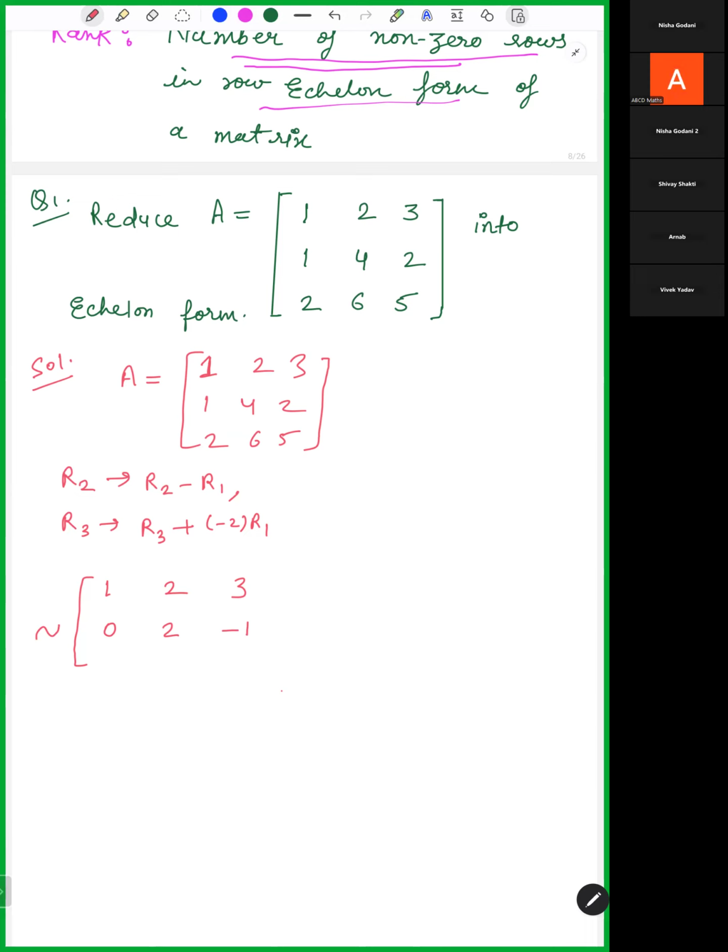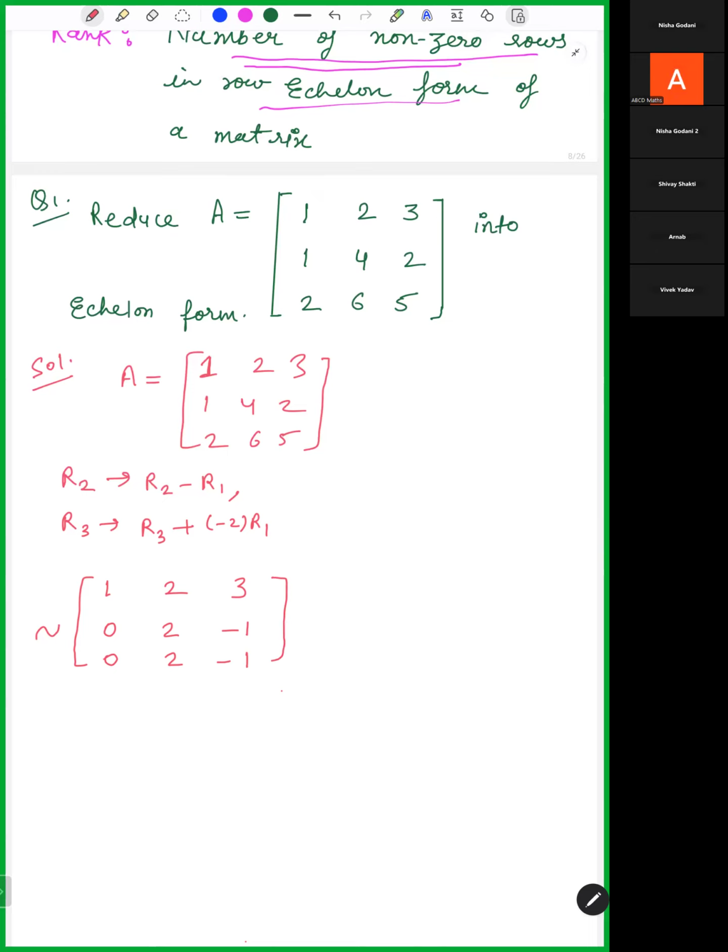What will you get when you add minus 2 times R1 to R3? Minus 2 into 1 is minus 2 and 2 is 0. Then minus 2 into 2, minus 4 plus 6, 2. Then minus 2 into 3, minus 6 and 5, minus 1. Yes, good. So you have 0, 2 and minus 1.